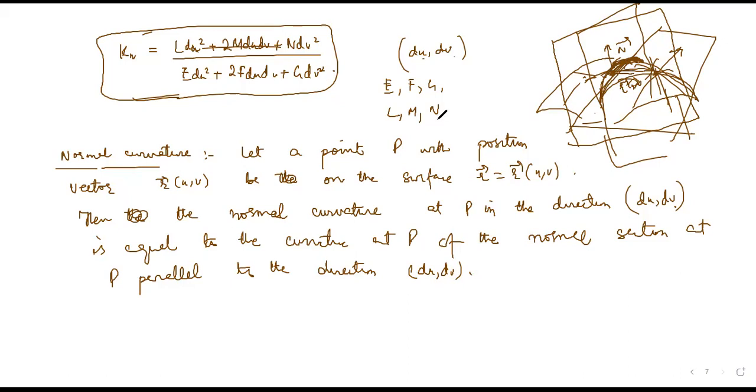So now let's talk about the relationship between the curvature of the normal section at a point and the curvature of some oblique section. Suppose this is a piece of the surface, I'm plotting it like this, so I've got a normal section, right?